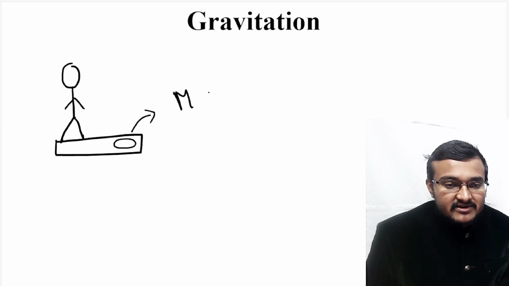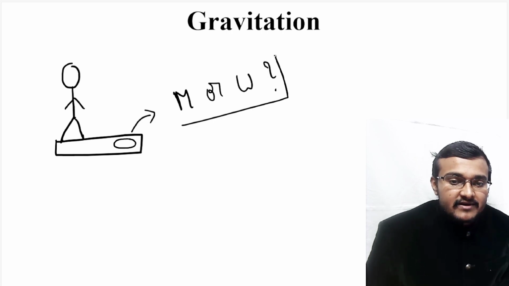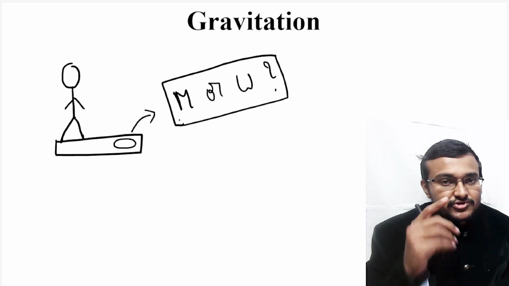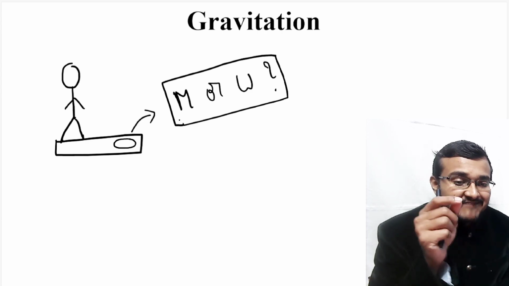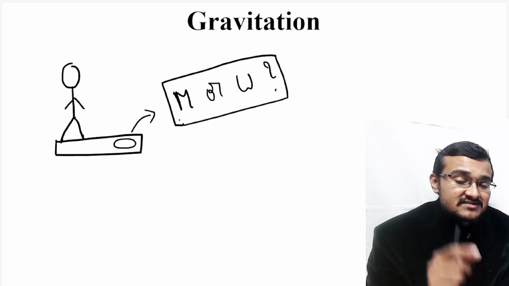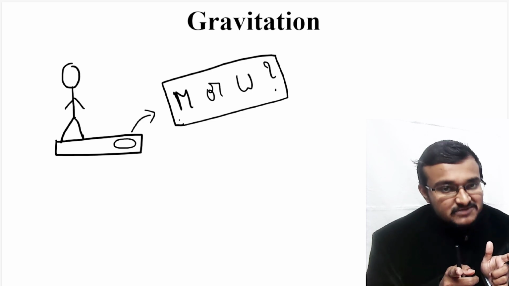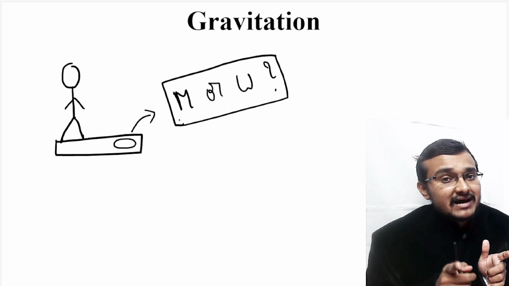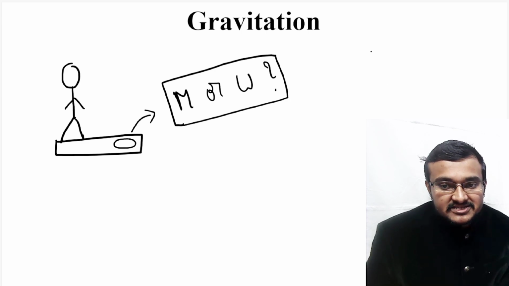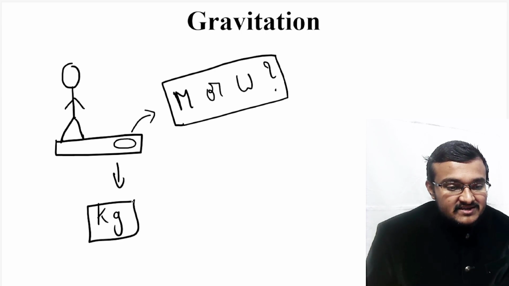We don't know. Now if I ask you this question, you will answer that the value showing on the weighing balance is the weight of your body. But always remember, the value displayed on that weighing balance is given in kg.